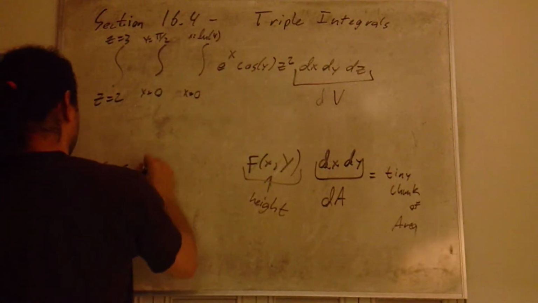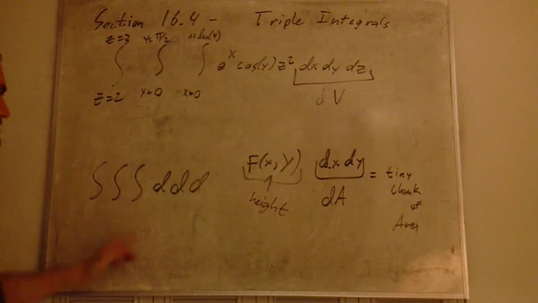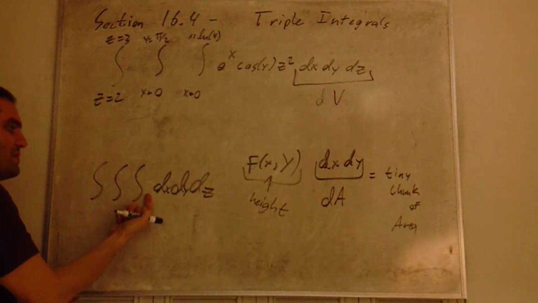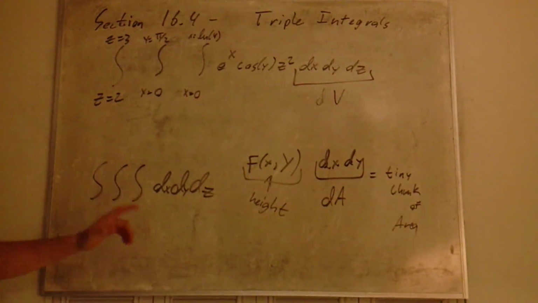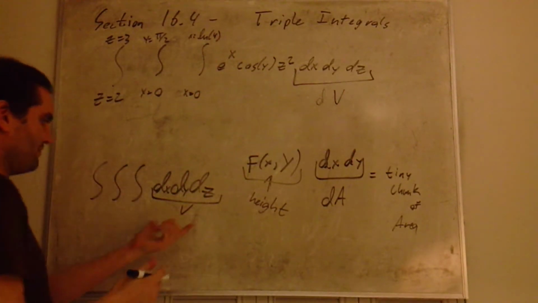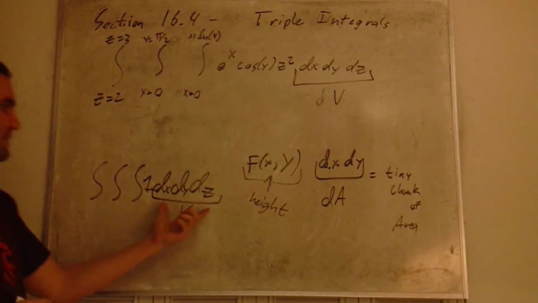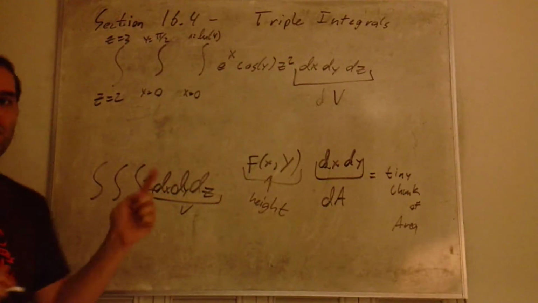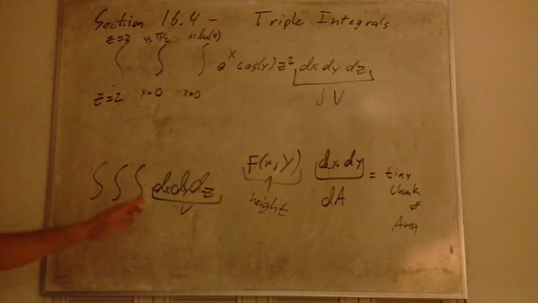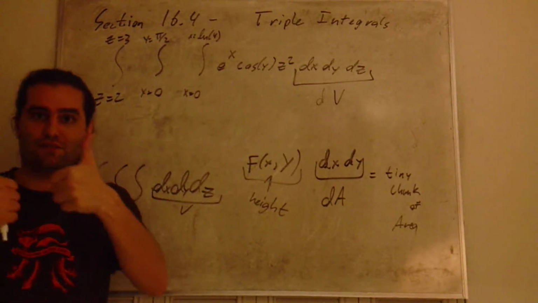You'll see things like this a lot. Integral, integral, integral, dx, dy, dz. There's going to be an absent function. So if this is already a volume, you don't have to multiply the volume by anything to get a volume. You multiply that by 1, or nothing if you don't want to write a 1 there, and you integrate over your bounds and you get your volume, and that's great.